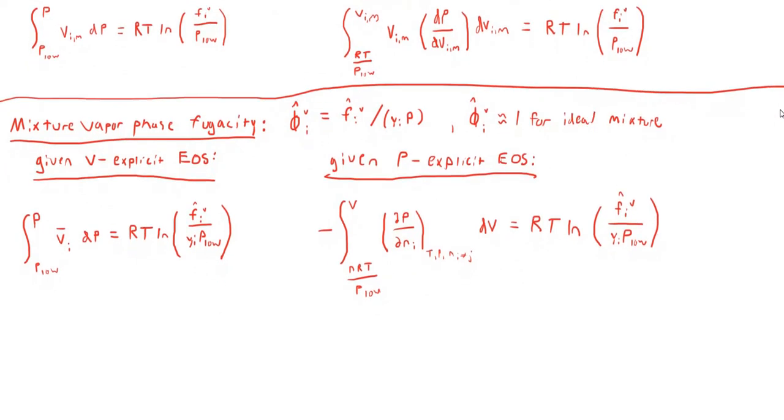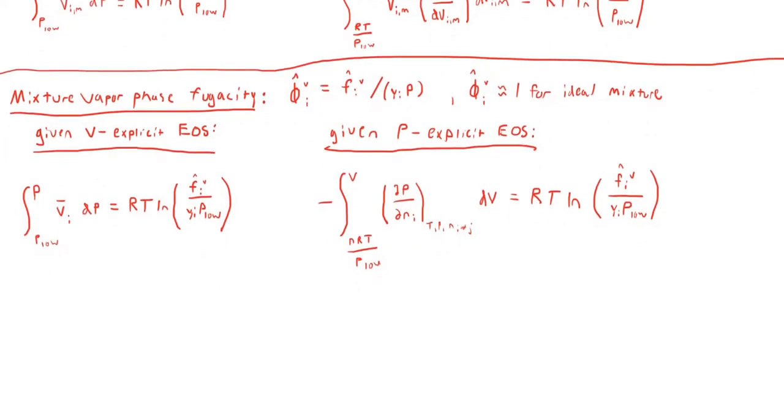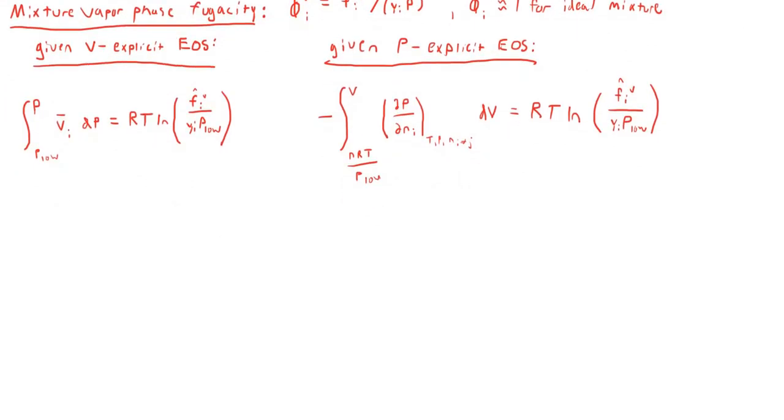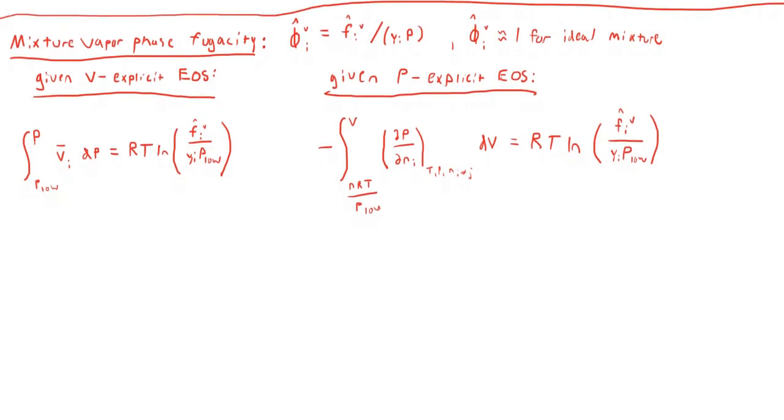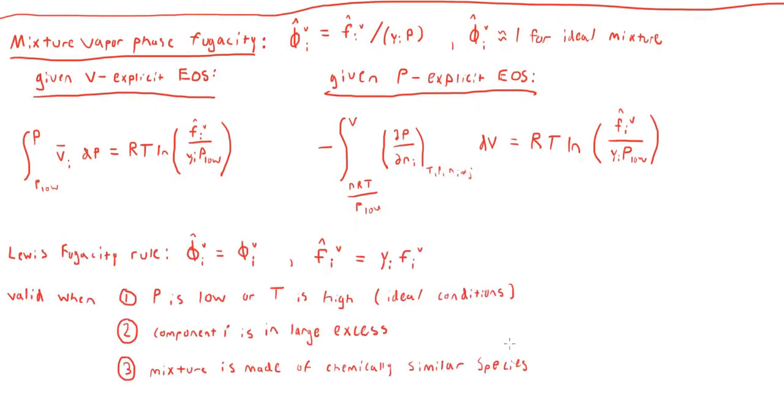Next, I'm going to go through the Lewis fugacity rule and when it is okay to assume that the Lewis fugacity rule is valid. The Lewis fugacity rule says that the fugacity coefficient of a component i in a vapor mixture is the same as the vapor fugacity coefficient for i in the pure species.